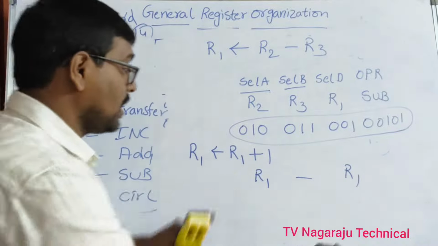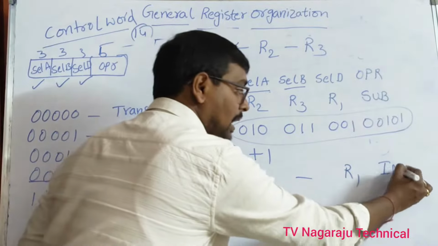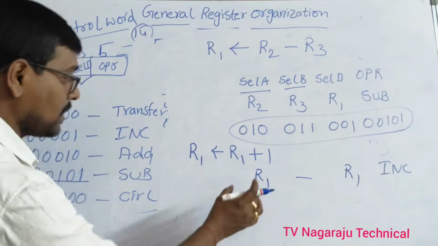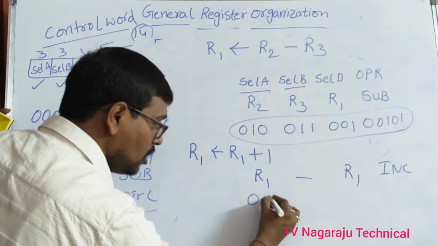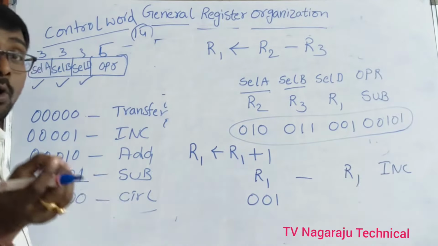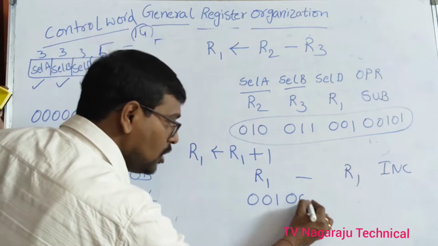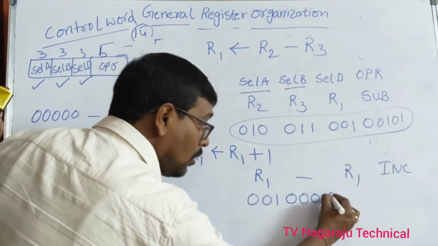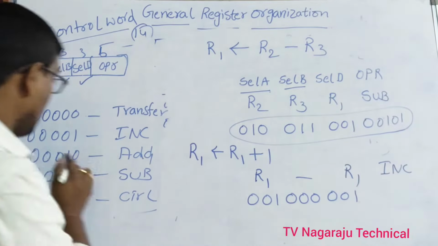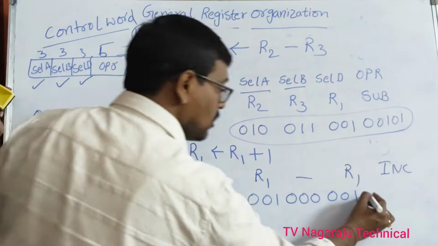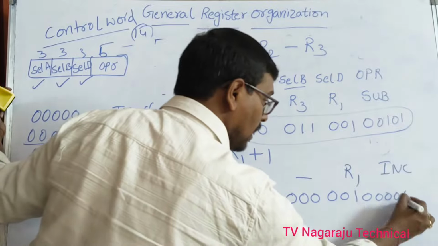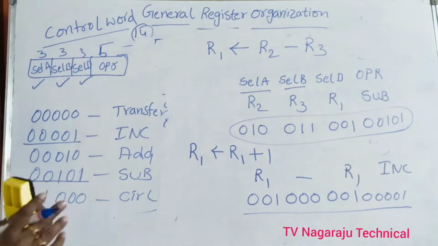What operation are we using? Increment operation. Now how do you represent it? R1 is 001. No register, that is external input, 000. Selection D, R1, is 001. For increment, this is 00001. This is the 14-bit control word.